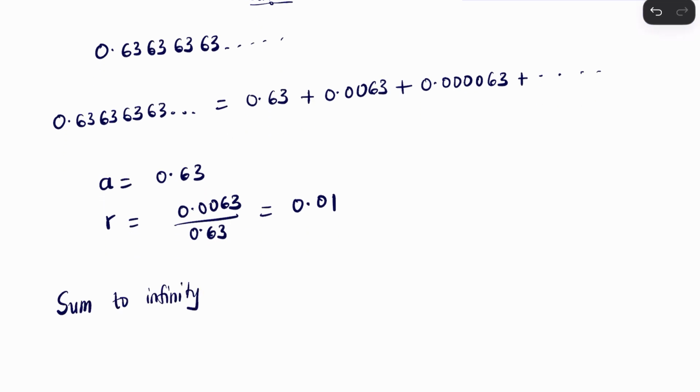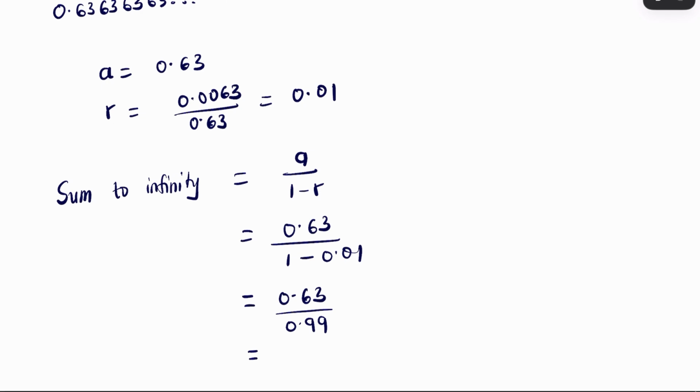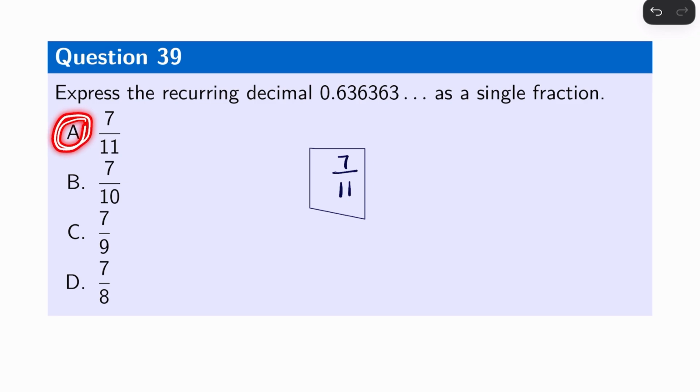The sum to infinity of a geometric series is a divided by 1 minus r, right? So here a is 0.63, divided by 1 minus 0.01. Thus, we have 0.63 divided by 0.99. And this is equal to 7 on 11. Thus, the correct option is option A.